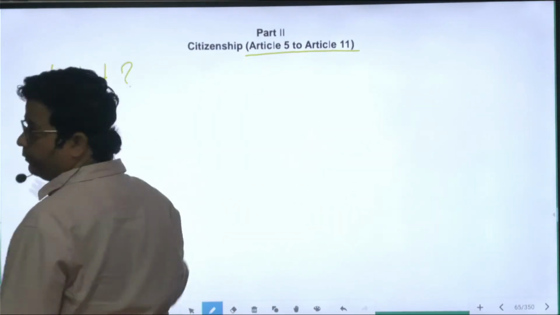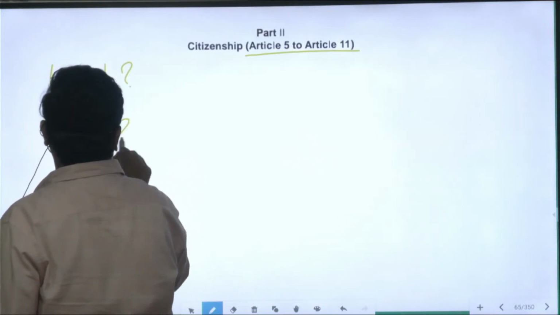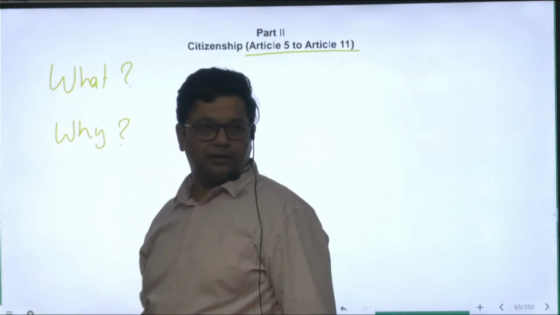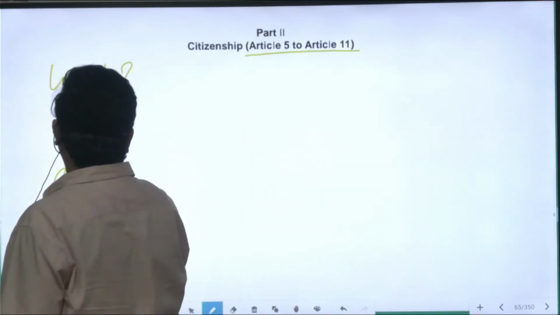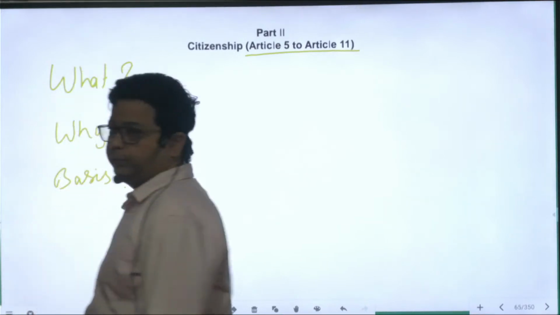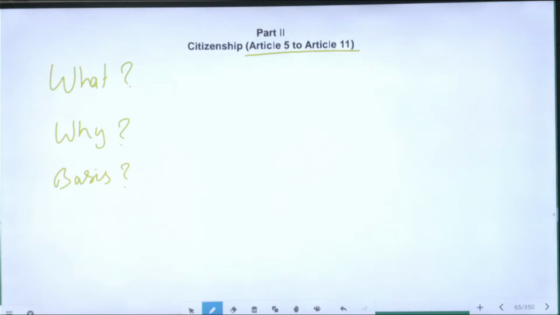What is citizenship? Why do we require citizenship? Those are two questions. And third, the basis of citizenship. You need to answer these three questions.